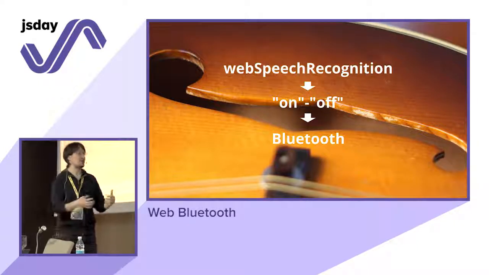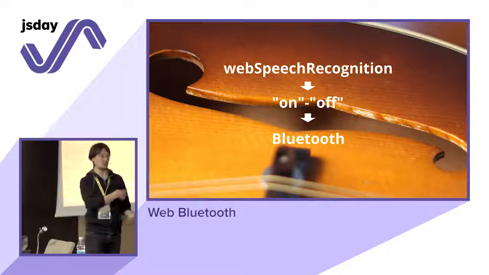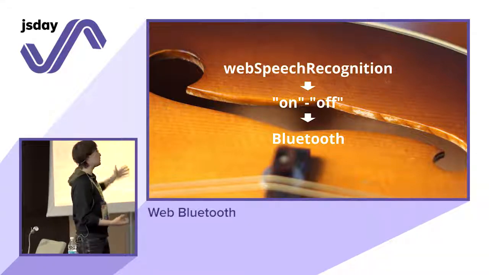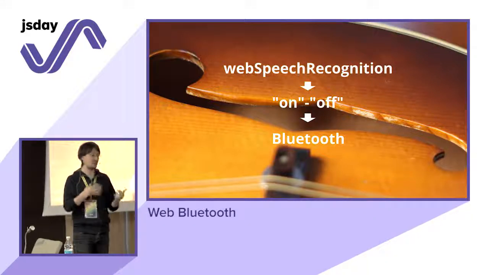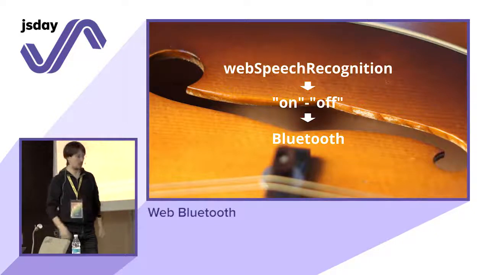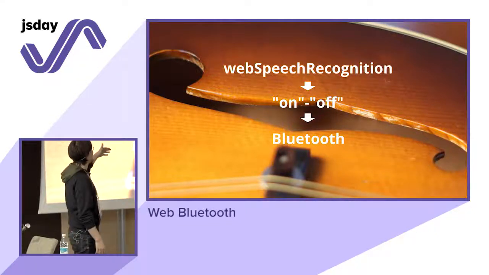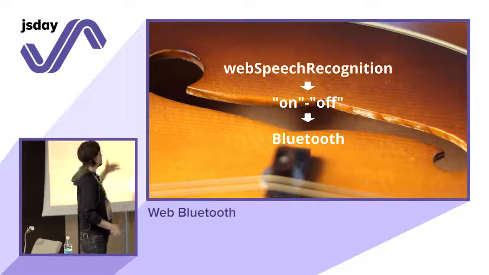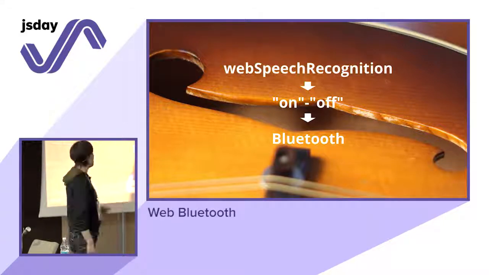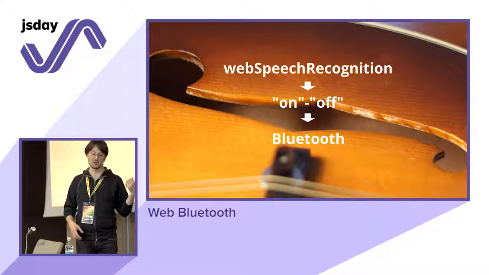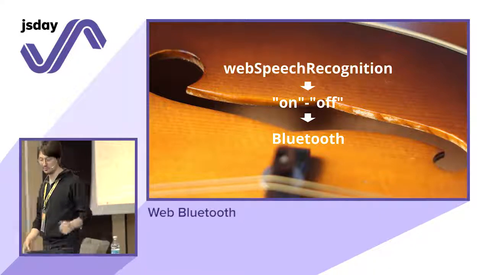So you get an event every time the Web Speech API gets a chunk of text from your voice. In this case, what we're looking for is just two words, on and off, within those strings. And then it's the same thing as before: we just forward that information to the Bluetooth.